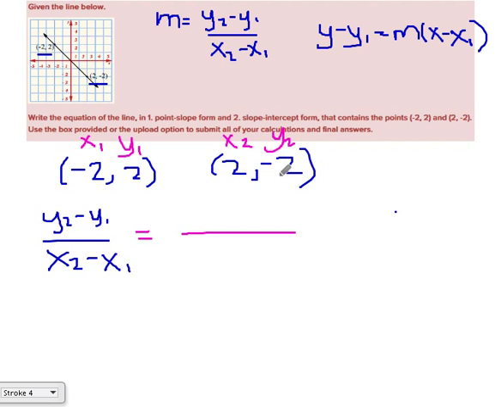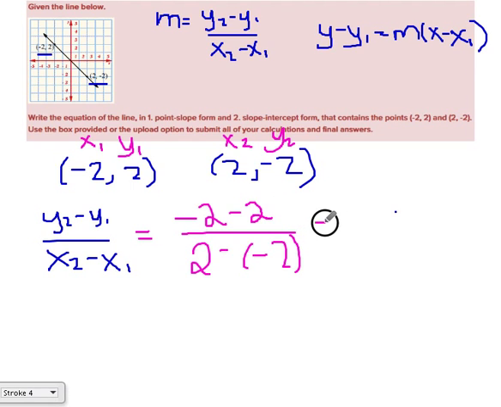Okay, so y2 minus y1 is going to be -2 minus 2, over x2 minus x1, which is 2 minus -2. Okay, so that's what it looks like when I plug in x1, y1, and x2, y2.